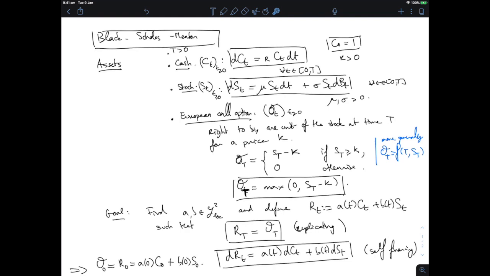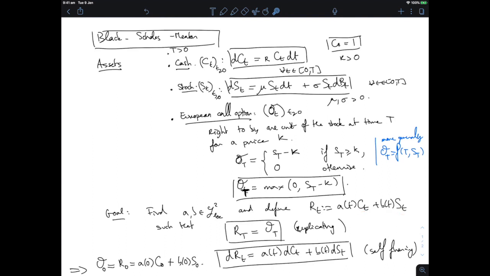Now, that is to say that in financial terms, every short or long position is valid. What we call a short position is owning a certain amount of something, say cash or stock, and this amount is negative. So if the amount is negative, we say it's a short position in cash, or if this amount, B of t, is negative, it's a short position in the stock.